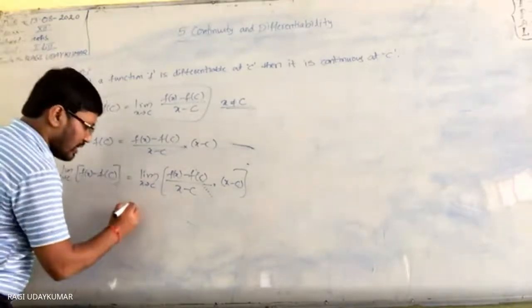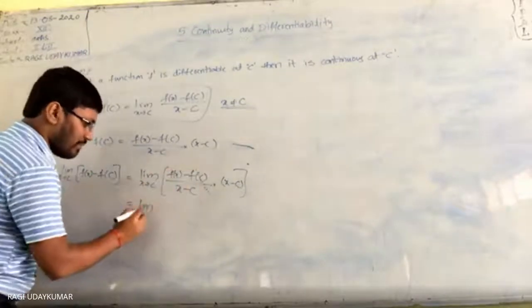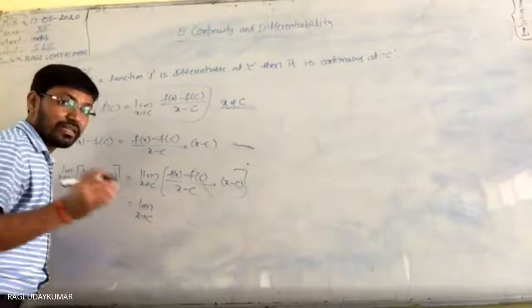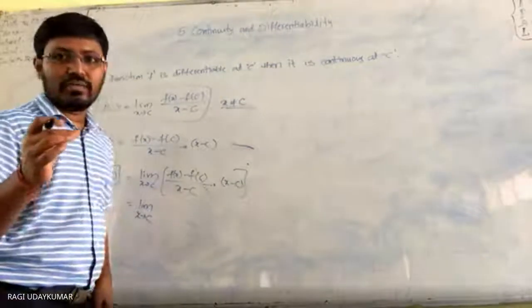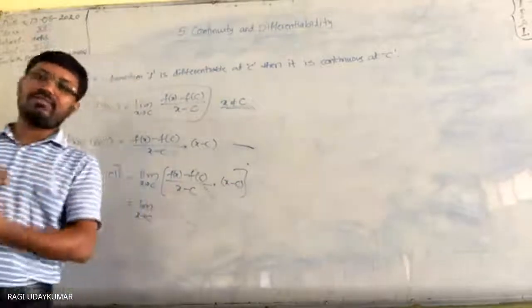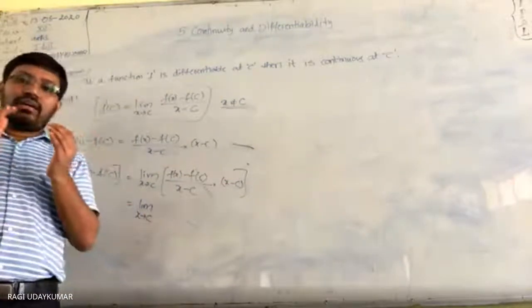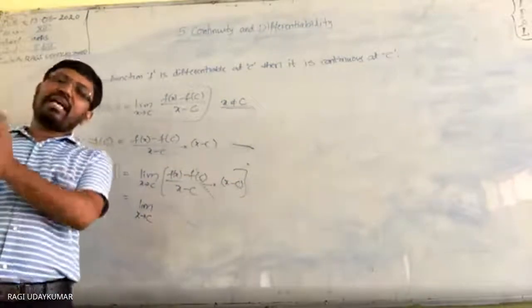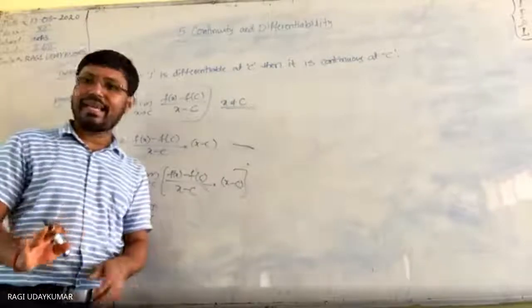Limit x tends to c. Whenever you are taking the limit of a product of two functions, limit of f of x into g of x, the limit of f of x and the limit of g of x can be taken separately.